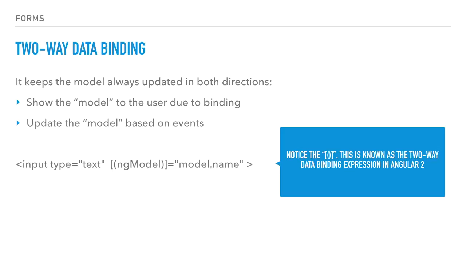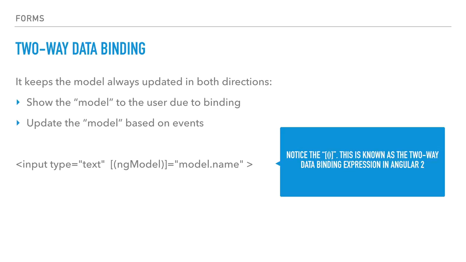So in the example that we can see here, we have an input of type text, and we are using the two-way data binding expression to keep the model, the property name, always updated in both directions. What do I mean with this? I mean that the model.name probably holds a value that comes from the constructor of a class or from whatever it is, from a service.